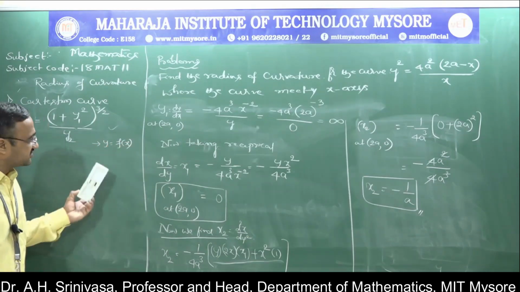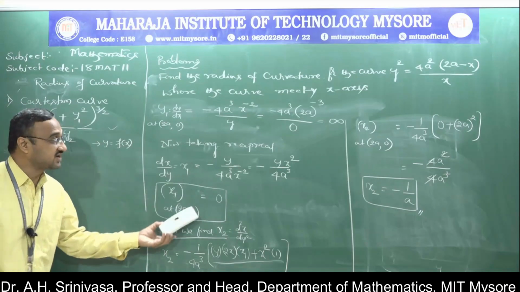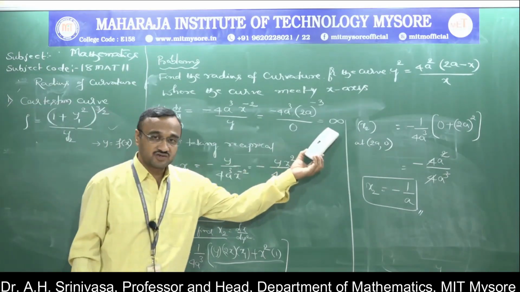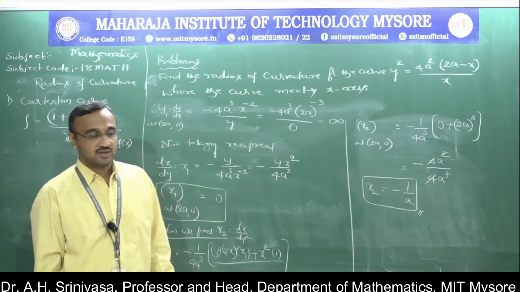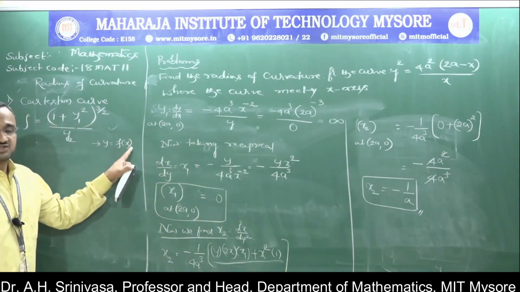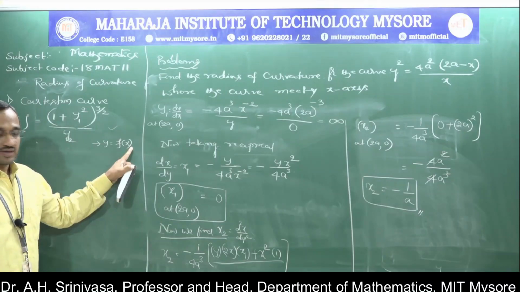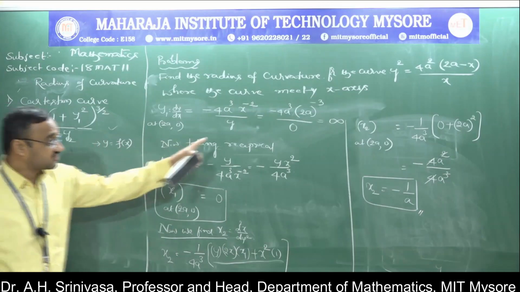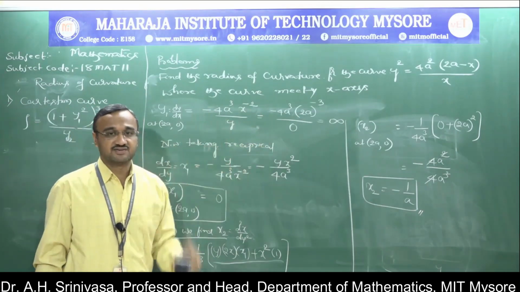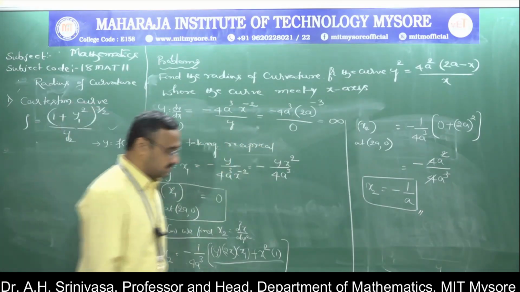That means y is dependent on x. But whenever you find infinity in the first order derivative, the results entirely change. That means these two are interchanging. Okay, x is dependent on y. For this result, you have to remember. In that case, we have to use the formula.